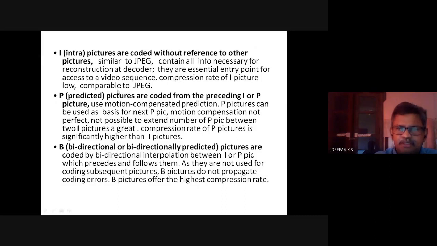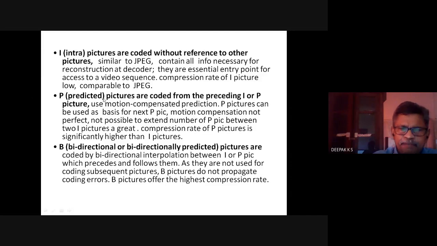This is comparable to JPEG, which means the compression is not what we want. We want more compression because we are showing 50 frames in a second. So across frames, we want to exploit some redundancy.